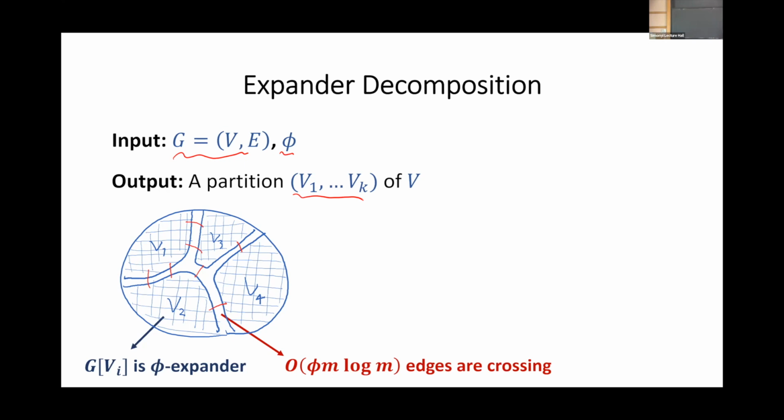At the same time, the number of edges crossing between parts is just something like phi m log m. So in some sense, it's like a graph clustering problem, right? You identify well-connected parts, and at the same time, not too many edges are crossing between the parts.